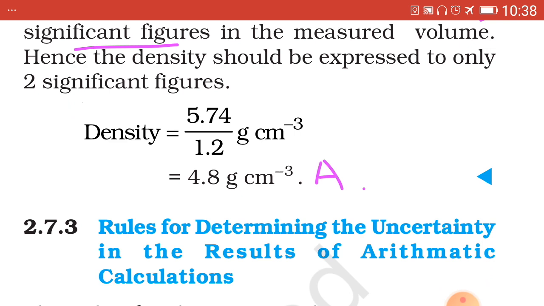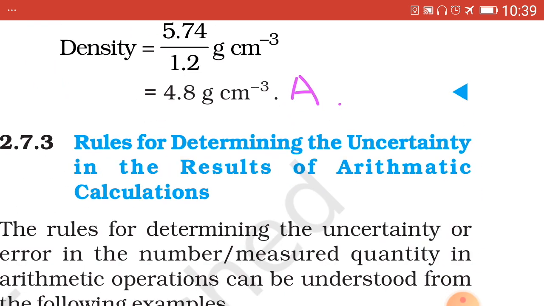Again I repeat, rho stands for density, sometimes written as small d, generally rho, equal to capital M upon capital V or small m upon capital V. Here only one mass is there, you can write it equal to capital M upon capital V equal to 5.74 upon 1.2. If you simplify up to 2 significant figures, it will be equal to 4.8 gram per centimeter cube, which is the final answer.